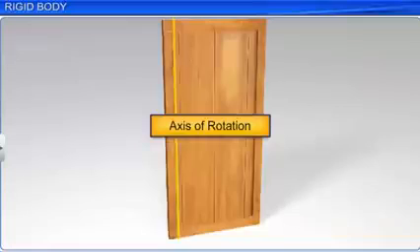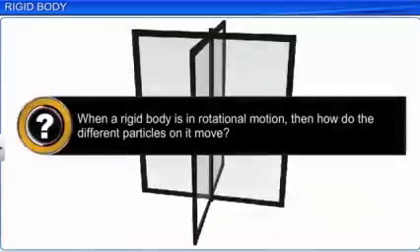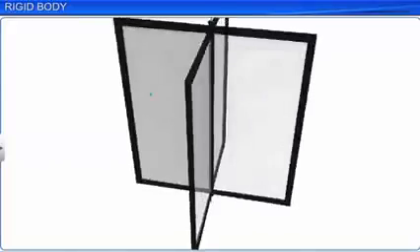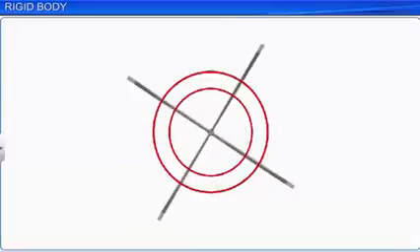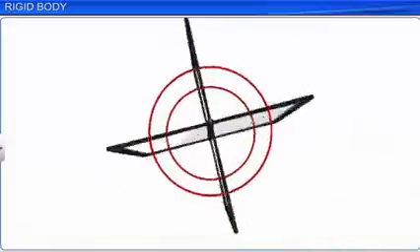When a rigid body is in rotational motion, how do the different particles on it move? When a rigid body is in rotational motion, every point on it moves along a circular path with the center on the axis of rotation, and the plane of this circle perpendicular to the axis of rotation.